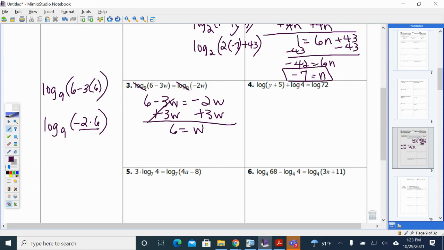I know that you cannot take the log of a negative number. And because you're not allowed to take the log of a negative number, this one is going to be no solution. Let me show you what happens in the calculator.